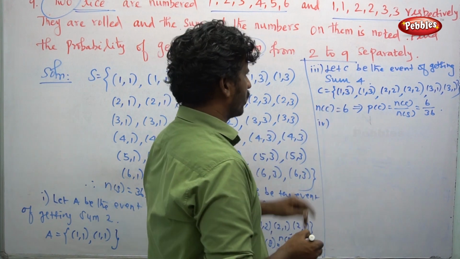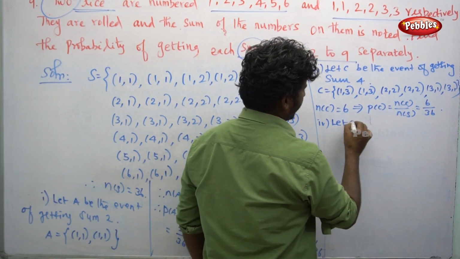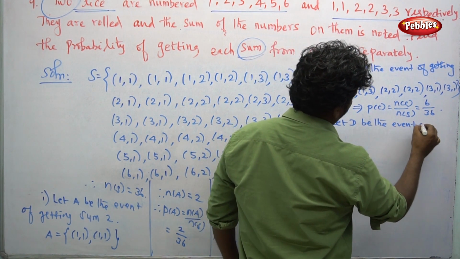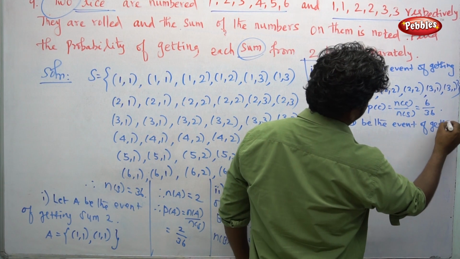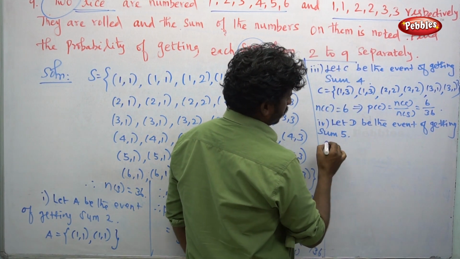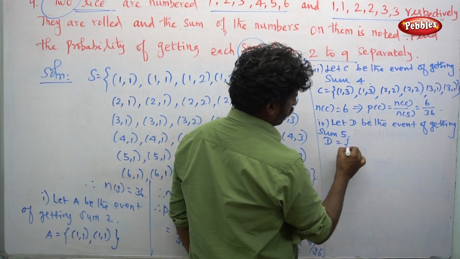At the sum 5 கண்டுபிடிக்க போறோம். Let D be the event of getting the sum 5, right. So the D set is equal to what?